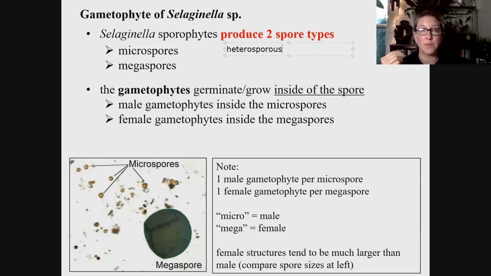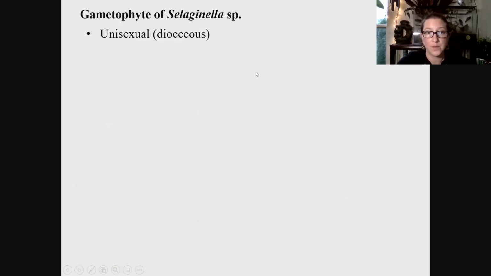So they're sporophytes that produce two different spores, the microspore and the megaspore. Remember that when the sporophyte plants produce one type of spore, we call it homosporous. Homo means same. So they produce all the same spores, one type.